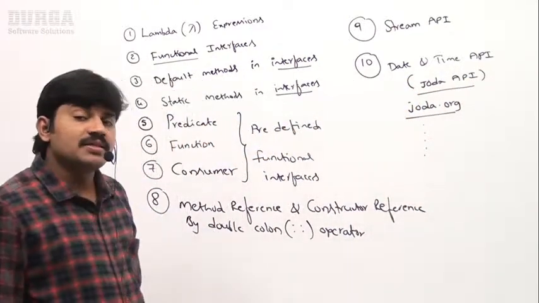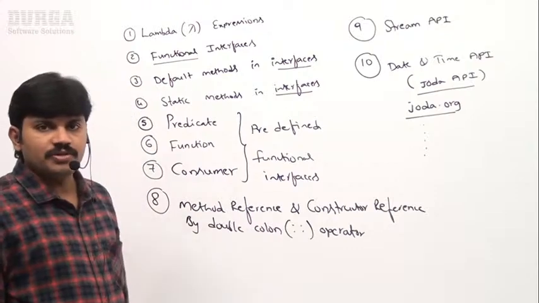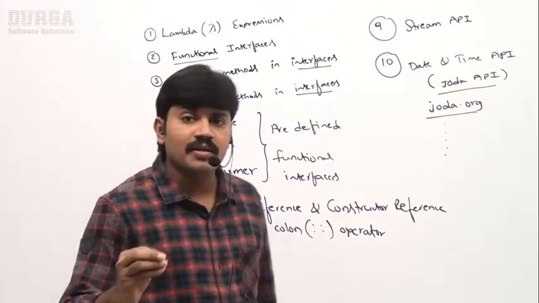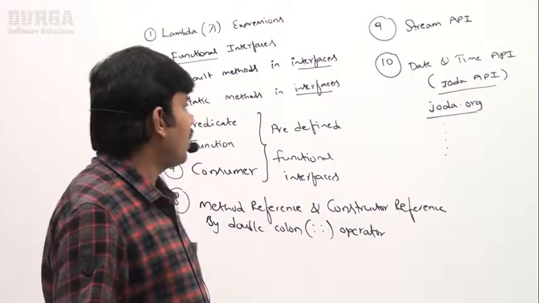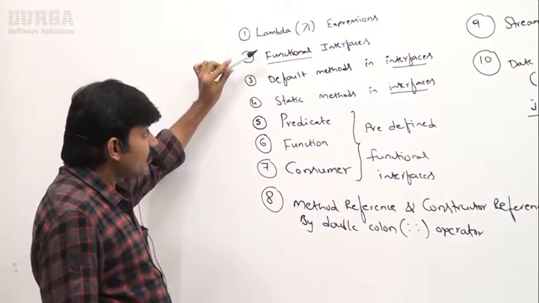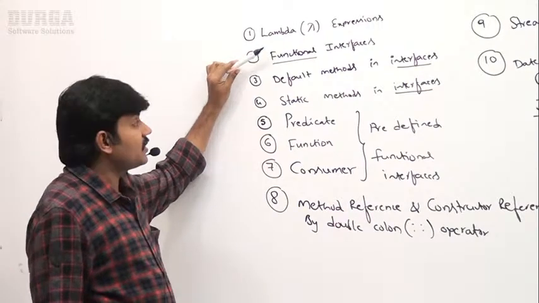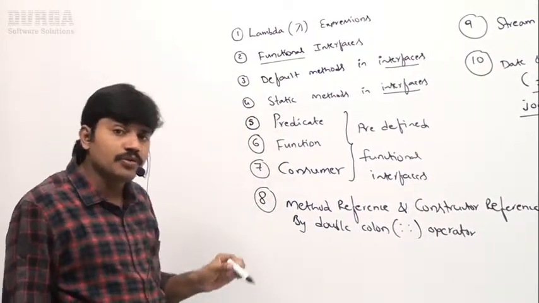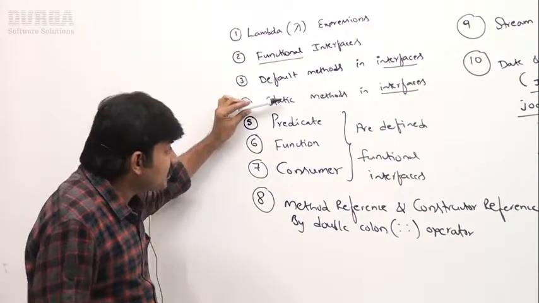So that's all. There are several other topics as well. Have you observed it? These are the new features that came as part of the 1.8 version. First we need to talk about lambda expressions and functional interfaces. Next, a new addition in interfaces: default methods, what their purpose is, and static methods.